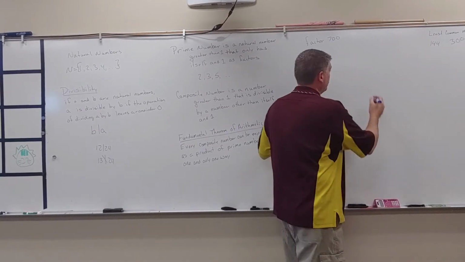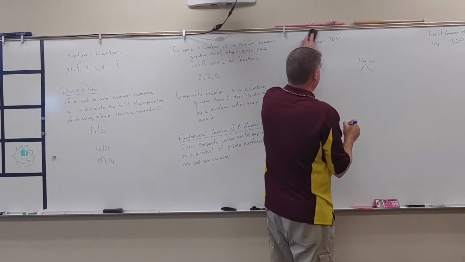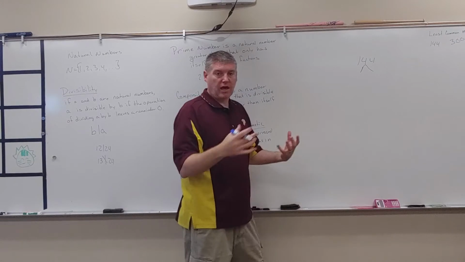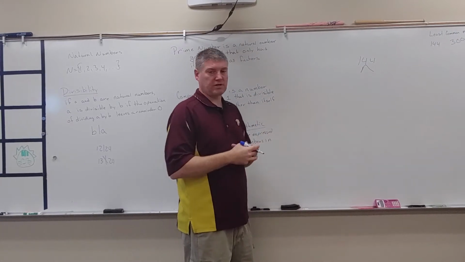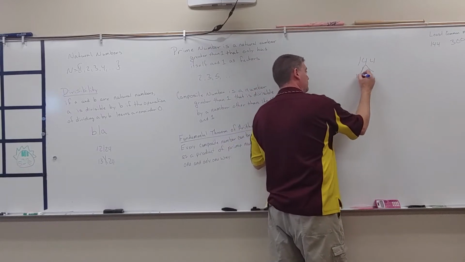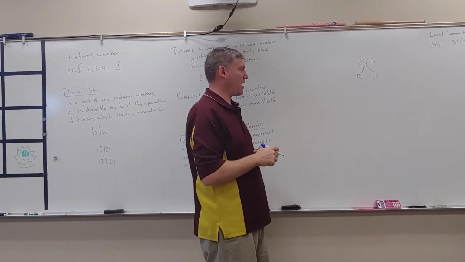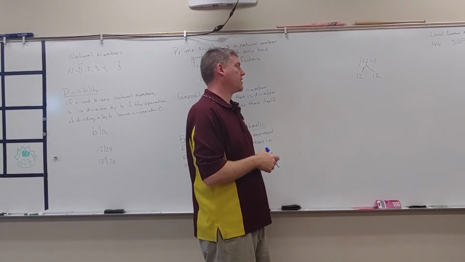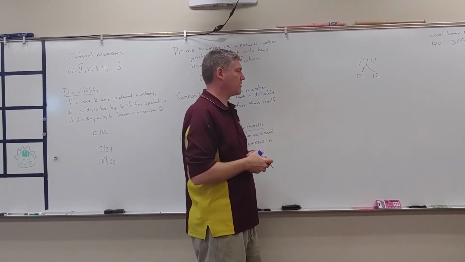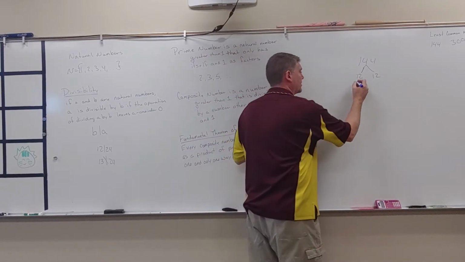Okay. So I'm going to give myself a little bit more room here. So 144, I'm going to factor that out. Now, a lot of you looked at that and went, oh, 144, that's 12 times 12. Okay. And that's fine. You can do it that way. I could have picked 2 and 72. I'll just pick 12 and 12, because that's probably the one that popped into your head first.